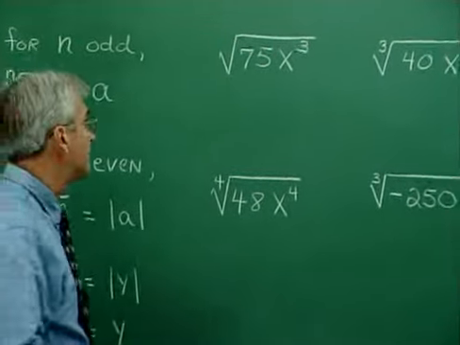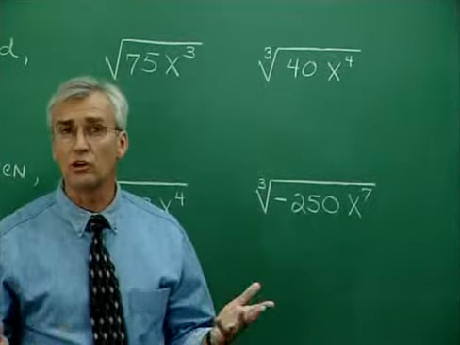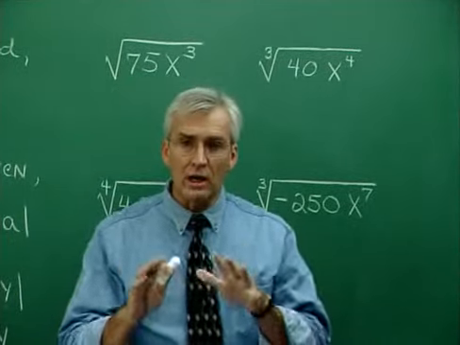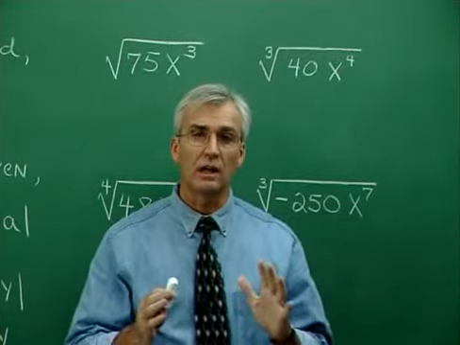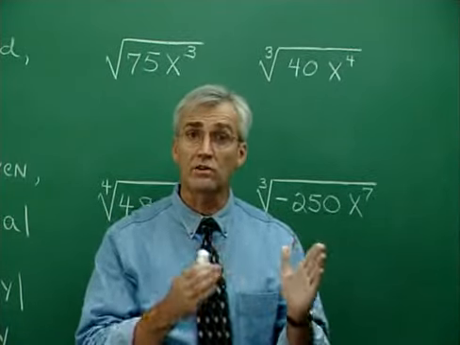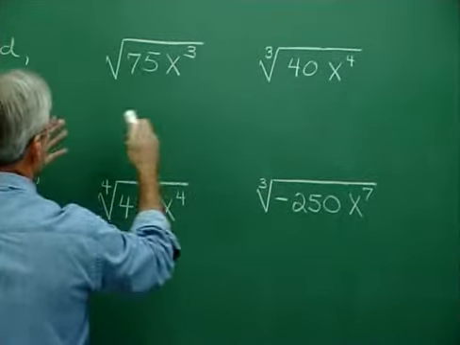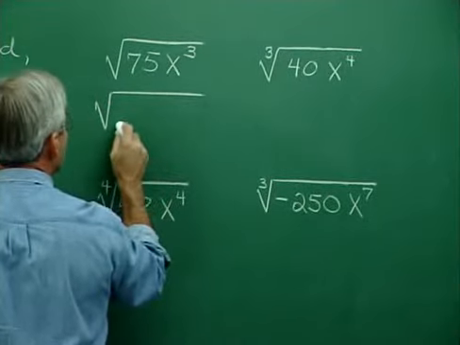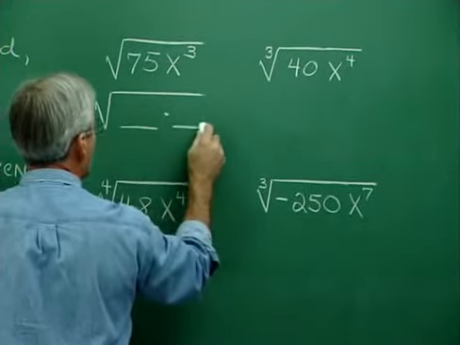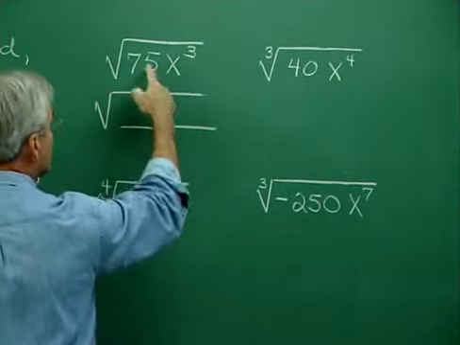Let's look at simplifying. When simplifying square root and cube root particularly, if we're talking about square rooting, we subdivide our radicand into squares times leftovers. Here, we can take the square root of squares, and so we factor this in such a way that we have squares times leftovers. So we're looking for the largest square in 75, and it's 25.